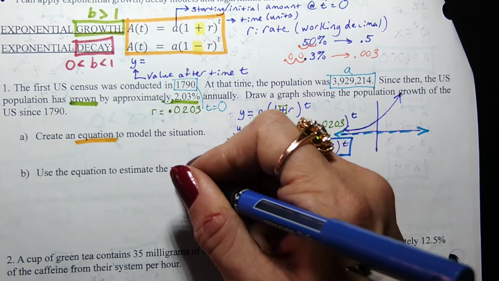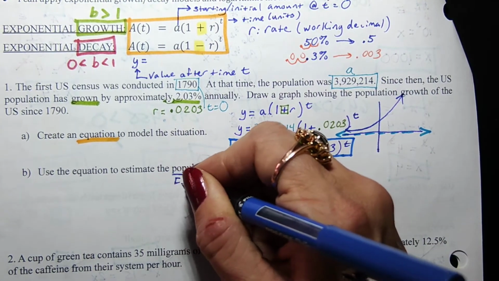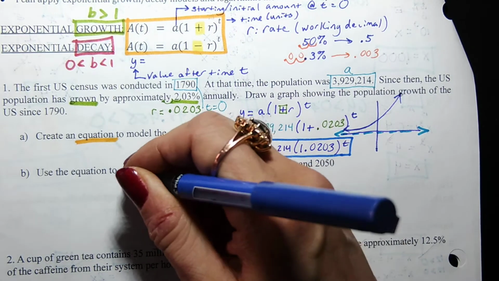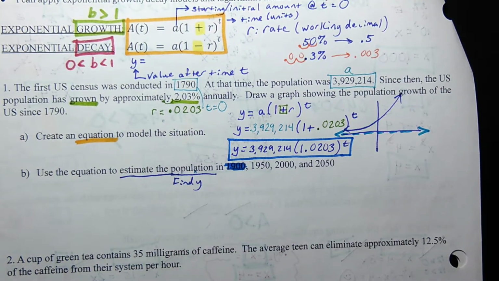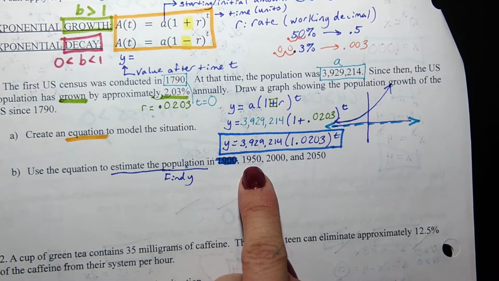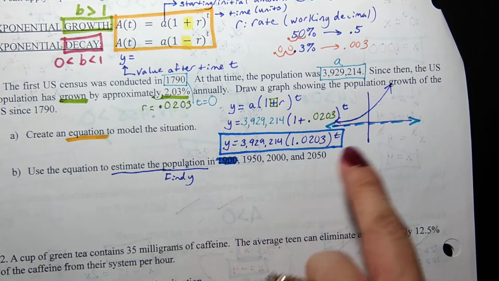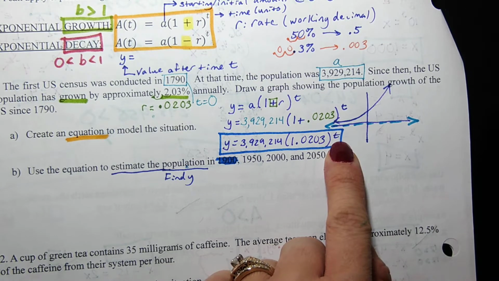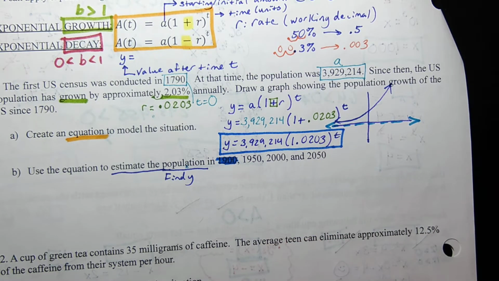So we want to find y. Now if you're like, all right, these are years, so maybe I'll just plug in 1950 for t. Why is that not going to work?